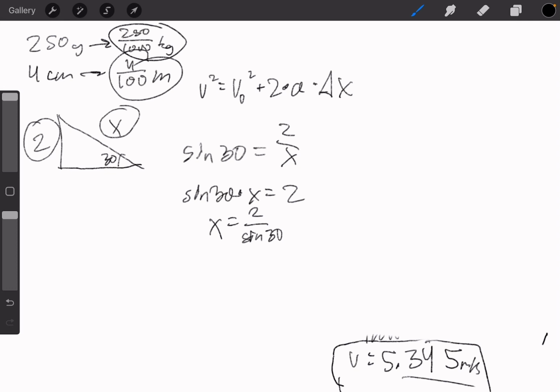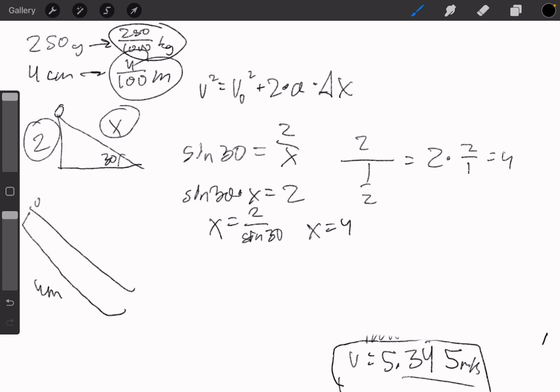For those who have memorized the unit circle, you remember sine of 30 as 1/2. Dividing by 1/2 is the same as multiplying by the reciprocal, which is 2 times 2 over 1, which is 4. So x is equal to 4. The hypotenuse length is 4, and the snowball moves across this length of 4 meters. So that's going to be our displacement x.